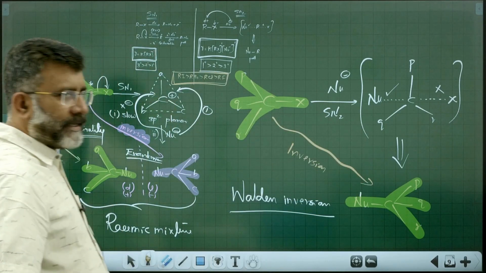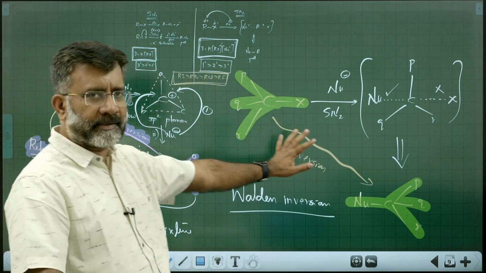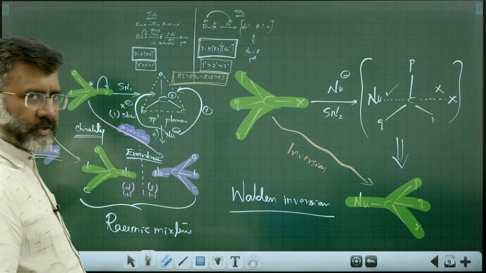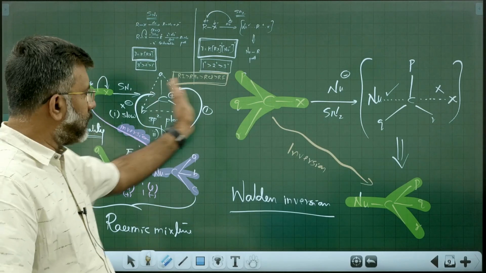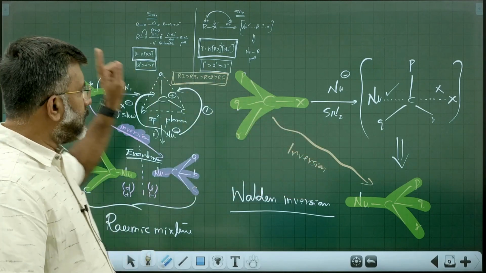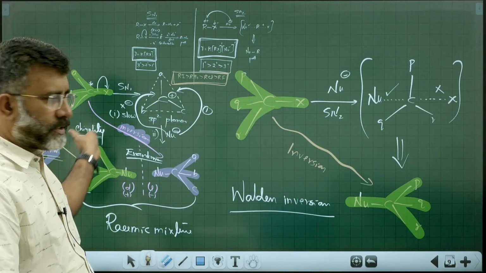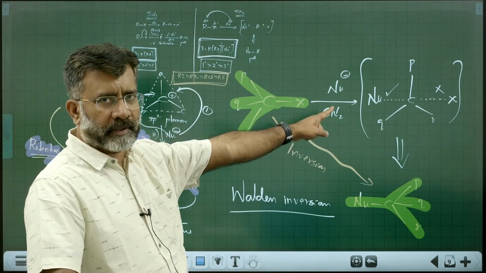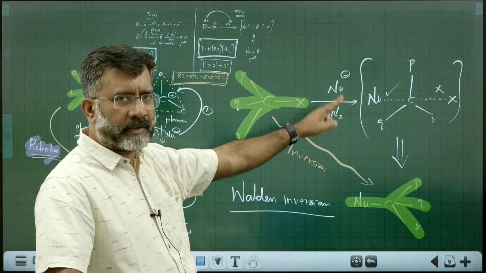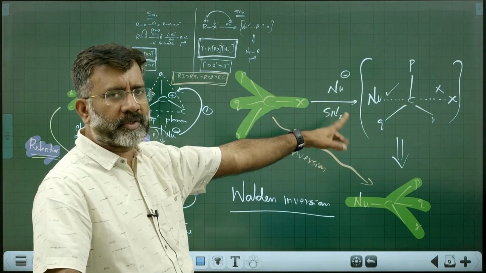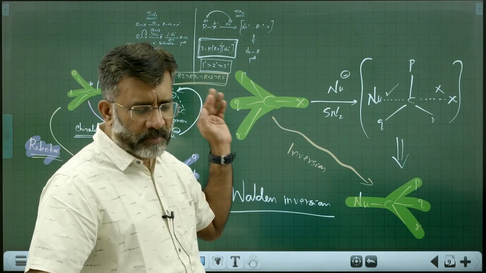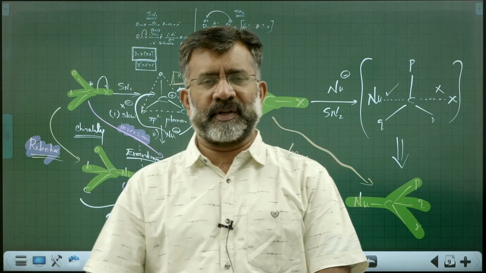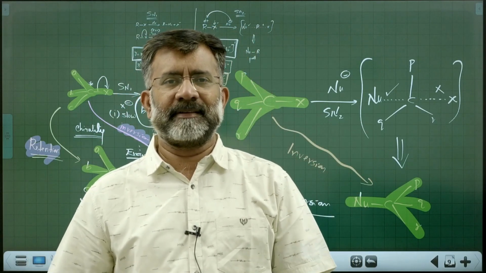Here it is the SN1 mechanism; here it is the SN2 mechanism. This is first order, this is second order. This is unimolecular, this is bimolecular. This is a carbocation mechanism, whereas that is not an ionic reaction; it is a concerted covalent mechanism without an intermediate. So almost all aspects of SN1 and SN2 have been discussed.